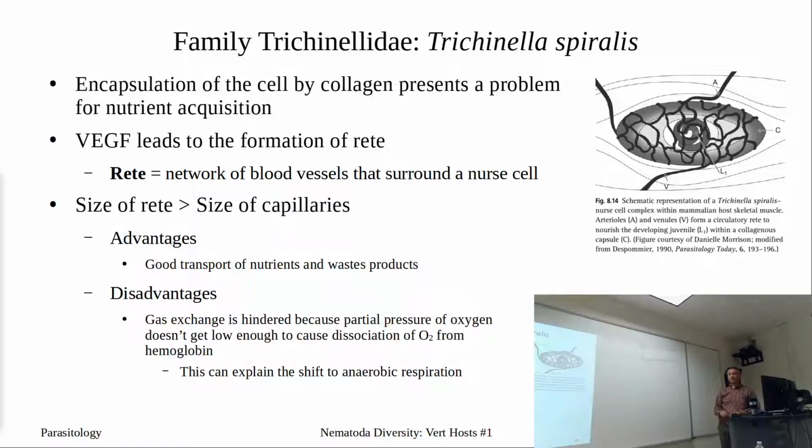So it only needs to make enough ATP to maintain its life. So, great for nutrient flow, great for waste flow, getting it in and out of that nurse cell, but you're not going to be able to get oxygen, so our worm shifts to anaerobic respiration. And then once we get released, it starts going back to oxidative phosphorylation.